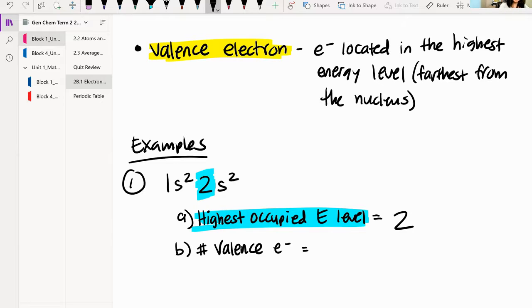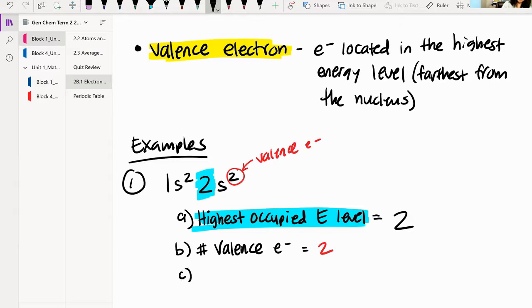Aiden, notice that right here, that represents your valence electrons. We have 2 electrons inside. Okay, so the number of valence electrons is 2.